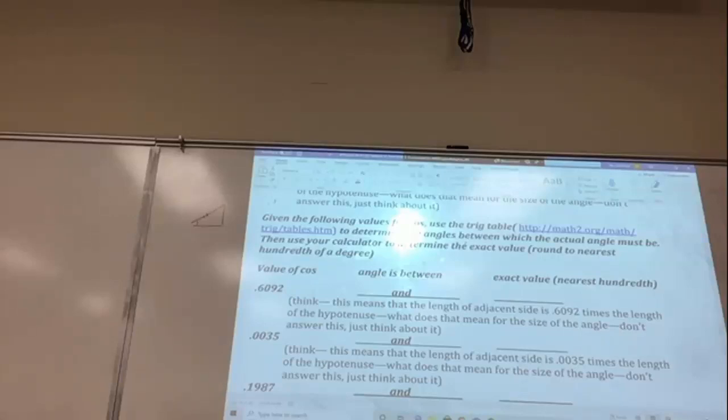Okay, so this is going to work a little bit differently. Put in 0.692 first, and then hit second. 37.5. And that's exactly what you predicted.